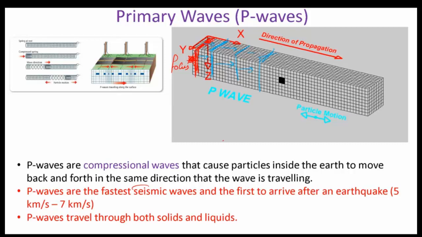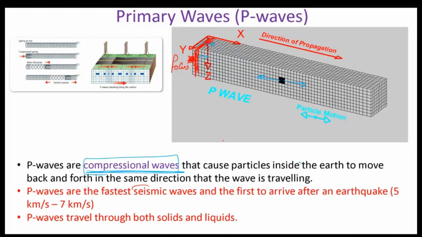Each layer pushes and tries to compress the next layer. If you look at this point, it lies in the direction of the wave. You will find that it moves forth and back, or we call it back and forth. So it's a kind of compressional wave.